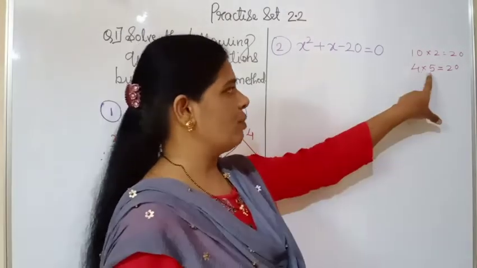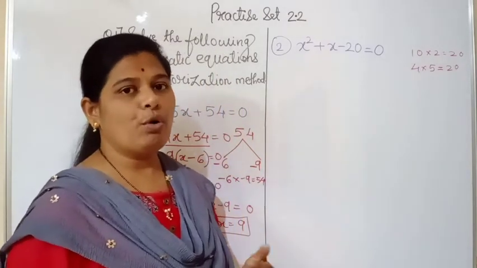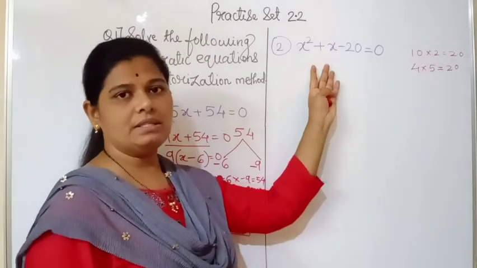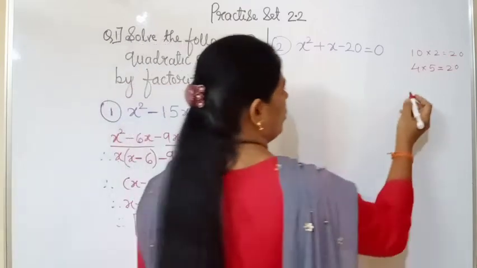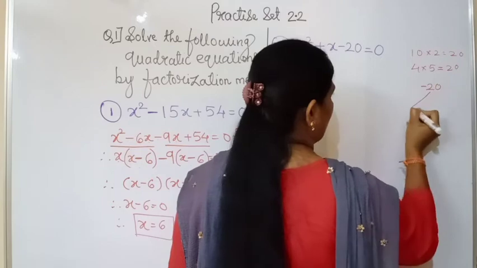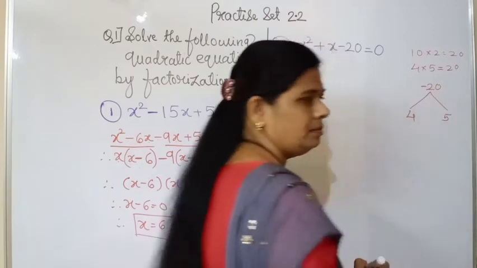The second option: 4 5s are 20. 4 plus 5 is 9, but 5 minus 4 we will get 1. It means our factors are 4 and 5. So minus 20, our factors are 4 and 5.